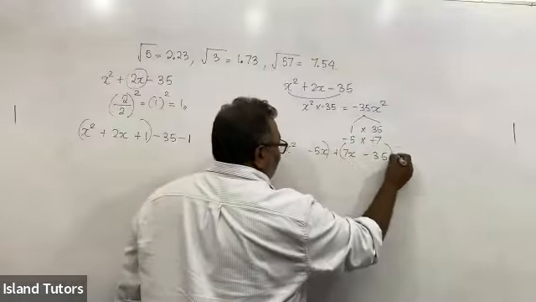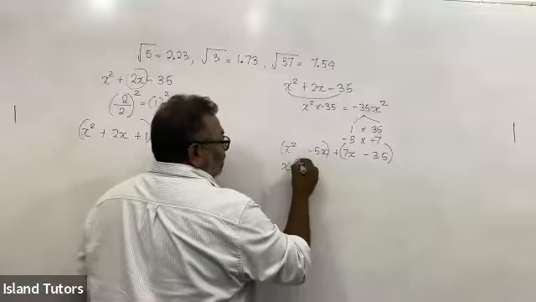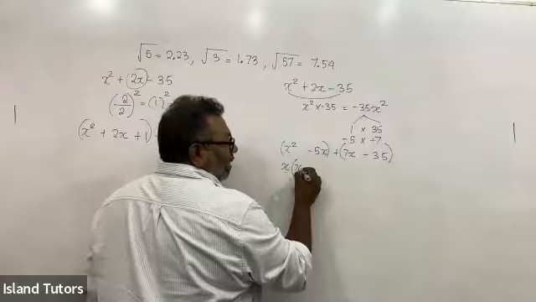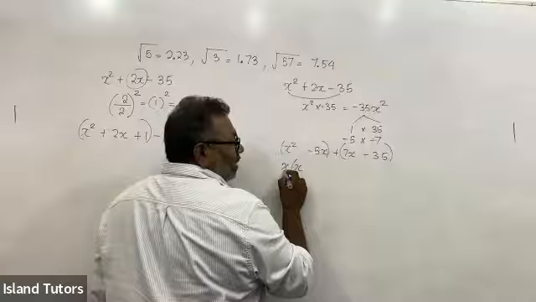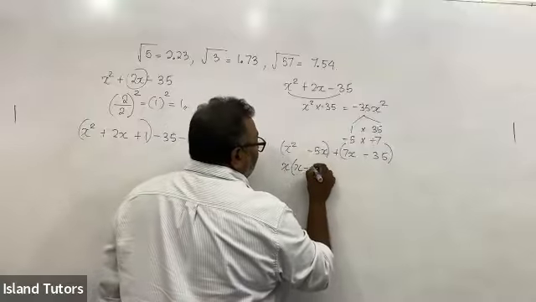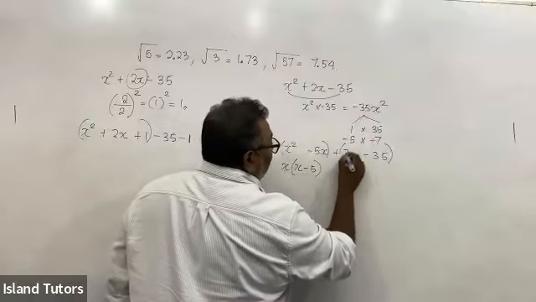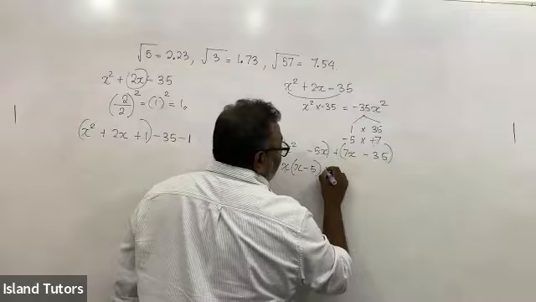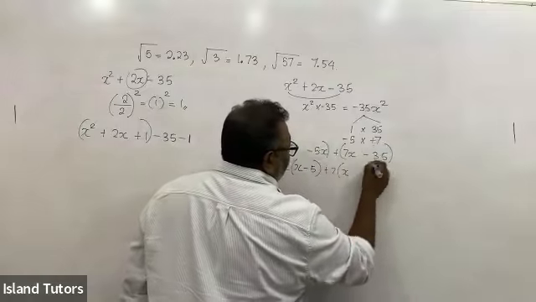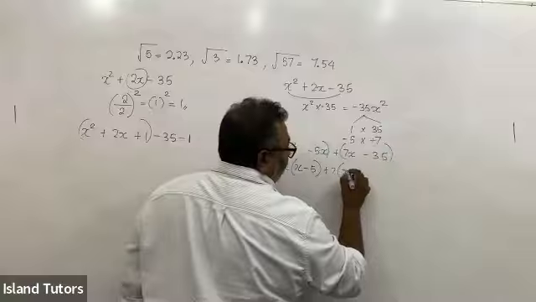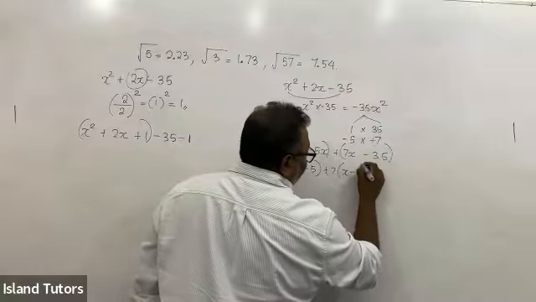Factorize. x squared divided by x is x, minus 5x divided by x is minus 5, 7x and 35: plus 7, minus 35 divided by 7 is minus 5.